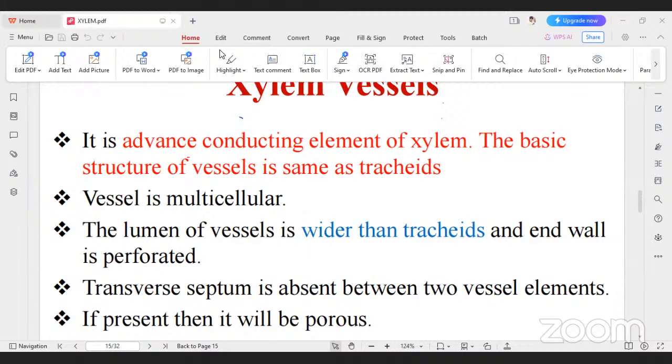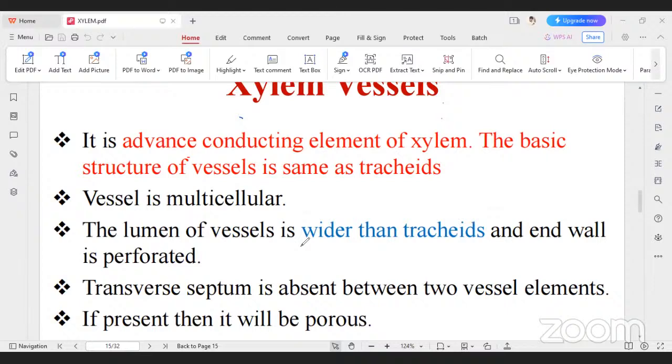Here I would like to ask one simple question. The lumen is present in three types of cells: fibers, tracheids, and vessels. What is the difference in these three lumens? Vessel lumen is broader than the other two, sir.